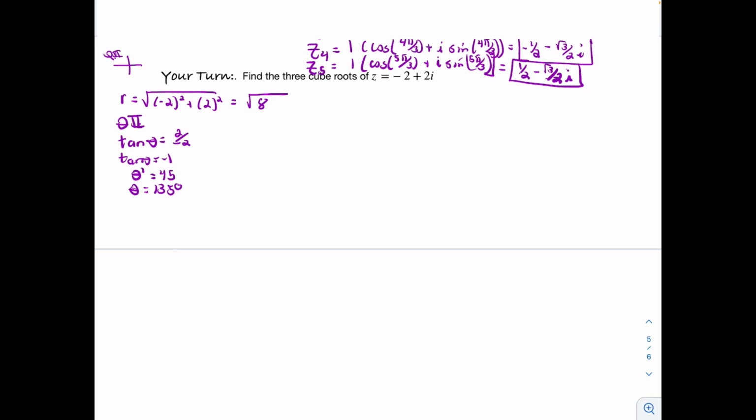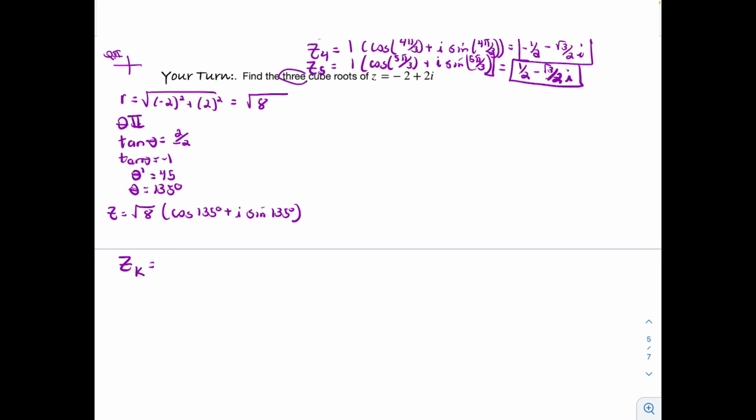All right, so my polar form or trigonometric form of this complex number will therefore be z is equal to the square root of 8 times the cosine of 135 degrees plus i sine of 135 degrees. And we want to find the 3 cube roots, so we want n equal to 3.